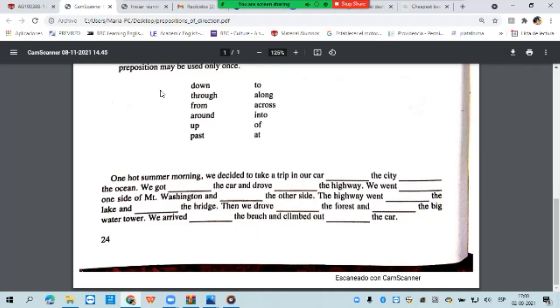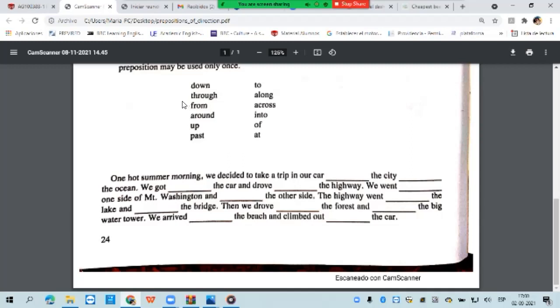Drove along the highway. You said drove along the highway? Yes, that's correct. But you said we got at the car. What did you do with the car? We got into the car. Yes. We got into the car and drove along the highway.